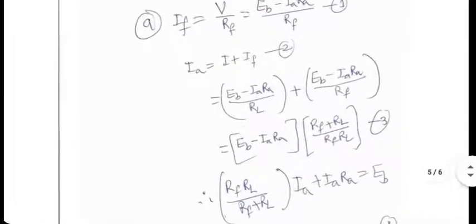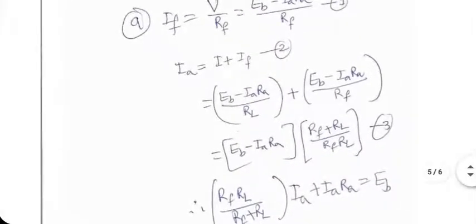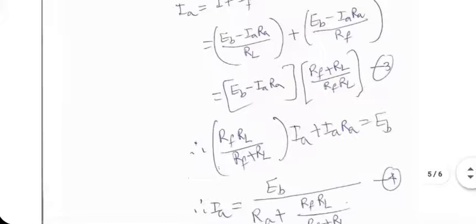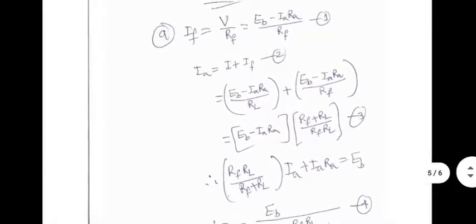That also is there in equation 1. So IA becomes given by equation 3. EB minus IARA comes out on the right hand side, and the remaining term is RF plus RL divided by RFRL. So this equation can be further manipulated to calculate IA in terms of EB and the resistances.